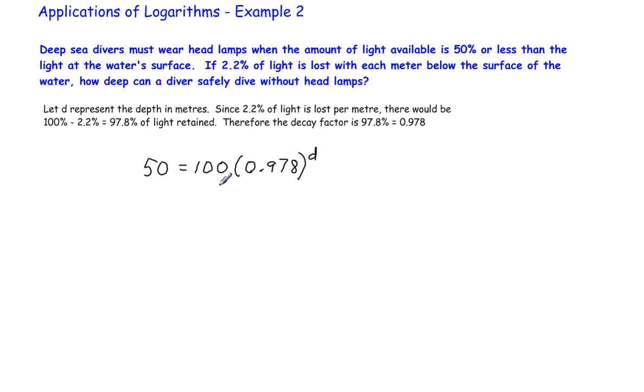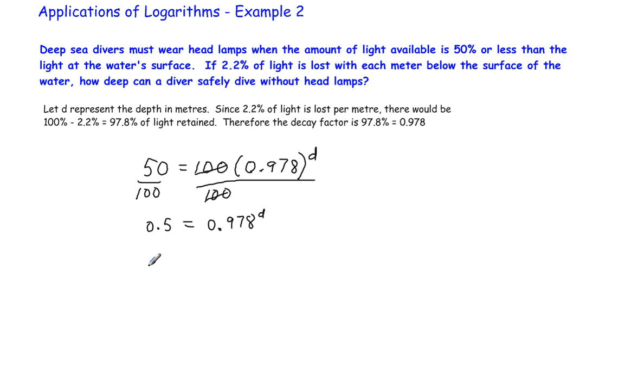Okay? So to isolate d, we're going to divide both sides of the equation by 100 first of all to get rid of that factor. So you have 0.5 remaining now on the left. And you have a power all by itself, 0.978 to the exponent d.